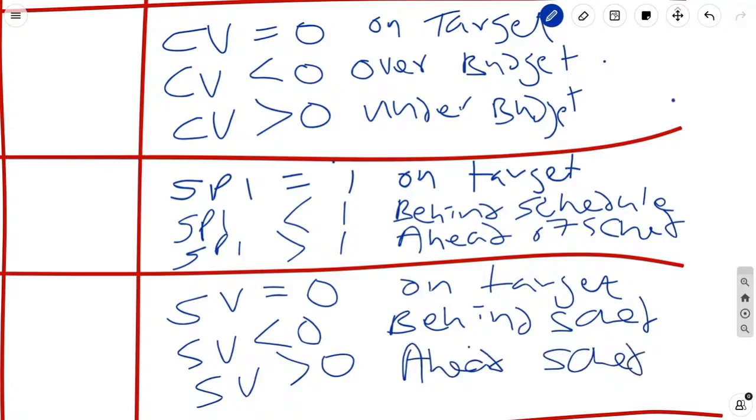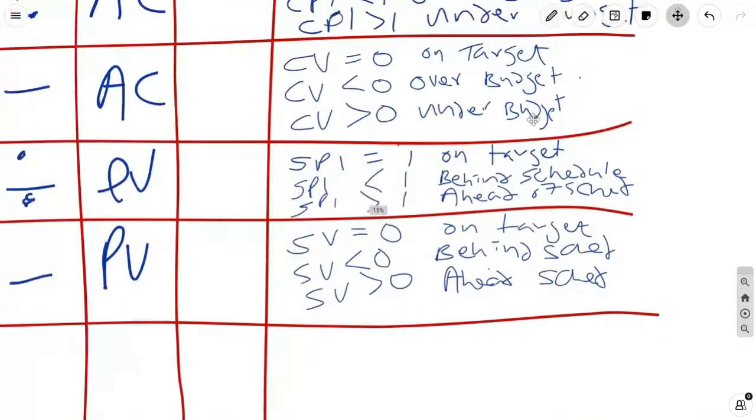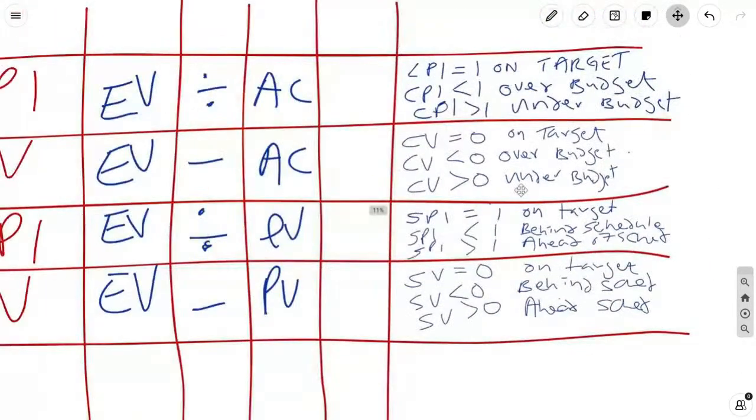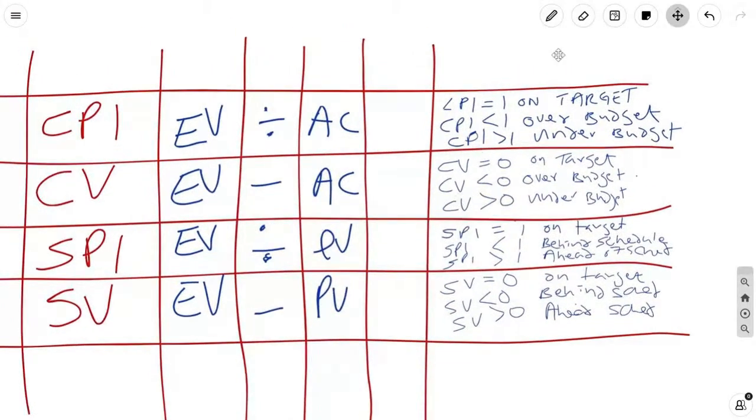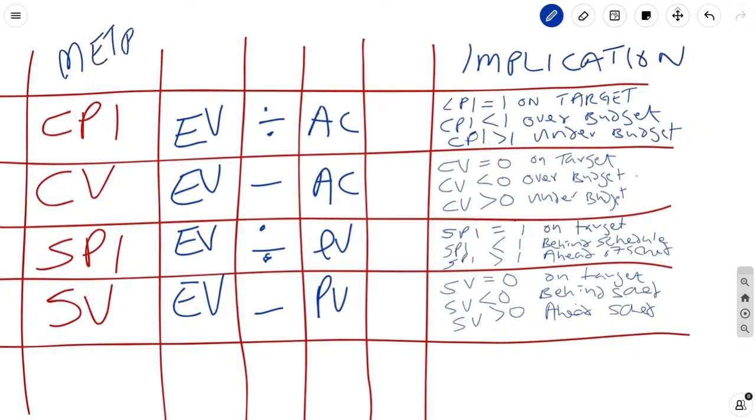So positive numbers are welcome within reason, negative numbers are not welcome. Okay, so we could say this is the implication, and this is the metric, and these are the variables. This is your first variable, this is the operation, and this is your second variable.